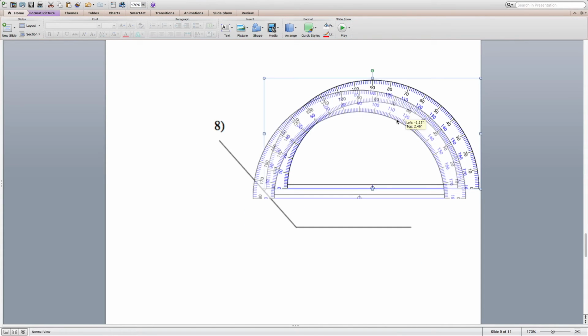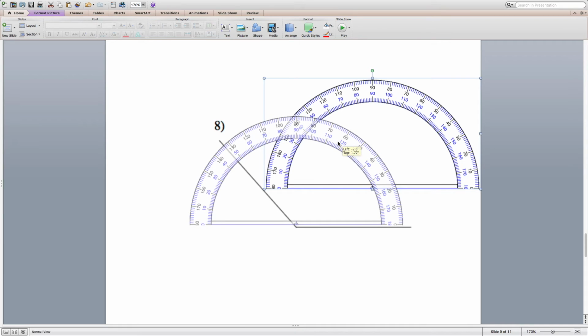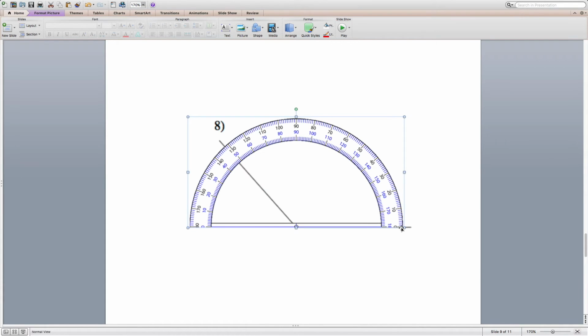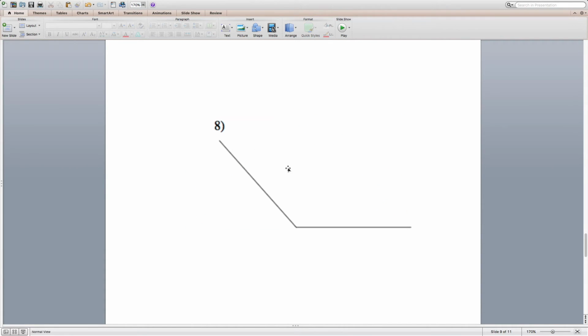And number 8, lining our protractor up, making sure the vertex is centered on the midpoint of the bottom line of the protractor, starting at 0, counting up. We can see that we're 2 tick marks past 130, so our answer in number 8 is going to be 132 degrees.